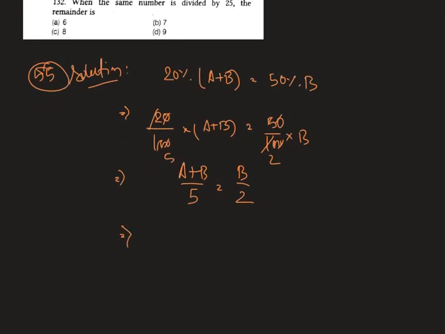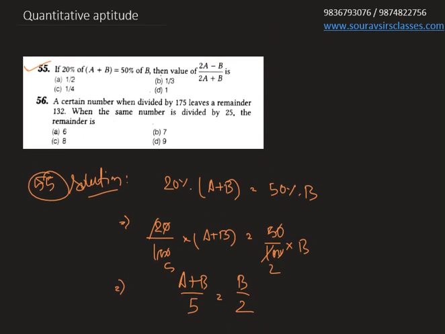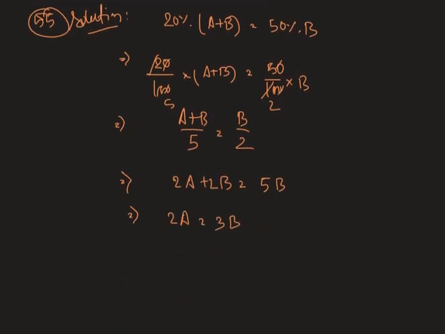Okay, therefore 2a plus 2b is equal to 5b if we cross multiply. Therefore 2a is equal to 3b. Now we need to find the value of 2a minus b divided by 2a plus b.